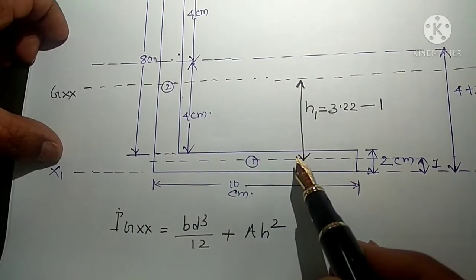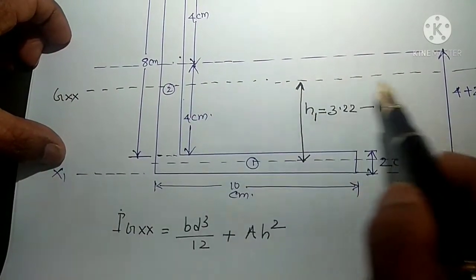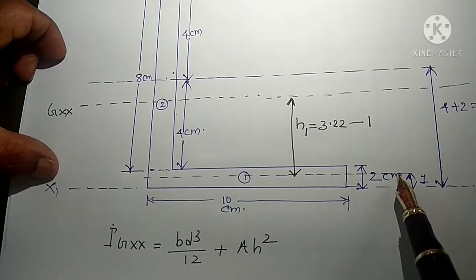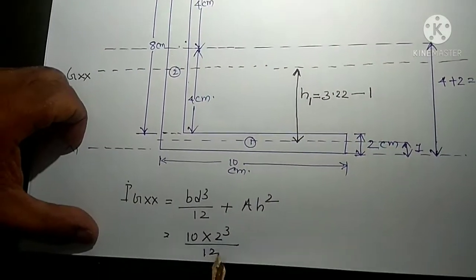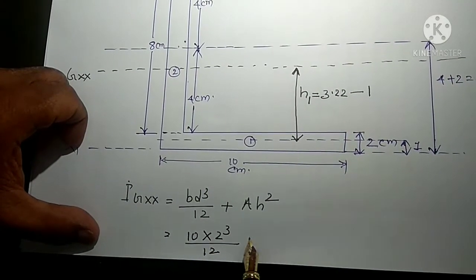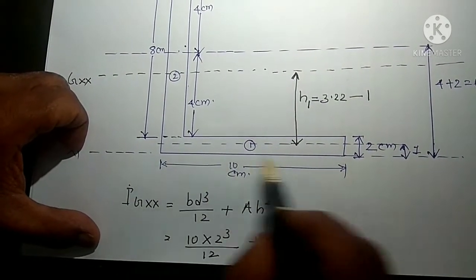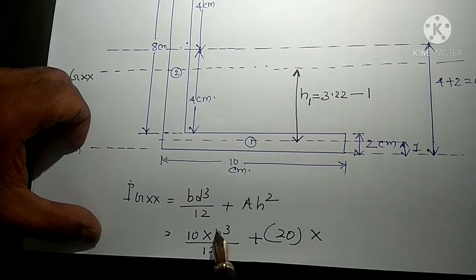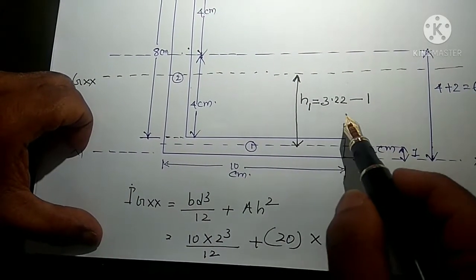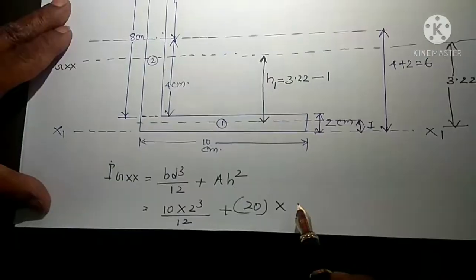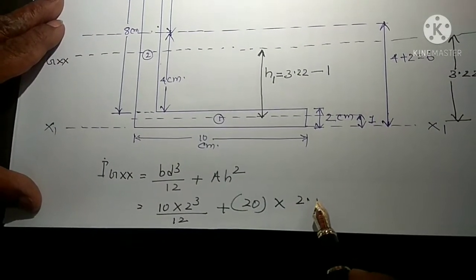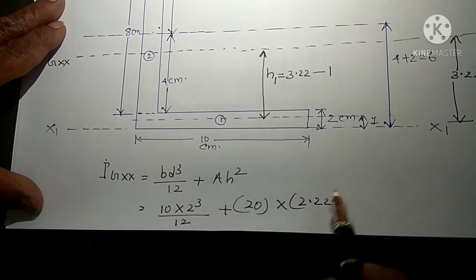The distance between the new axis and the horizontal centroidal axis of the first component. So 10 into 2 cubed divided by 12 plus, A is equal to 10 into 2, that is 20, into h, that is 3.22 minus 1, which is 2.22, squared.